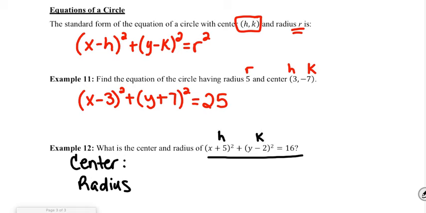But just remember it's x minus h, y minus k. So it's going to be the opposite of what's in there. So this center point is going to be a -5 and a +2 for the center point. The radius gets squared in the equation. So this becomes 4 for the radius when we take the square root of 16.